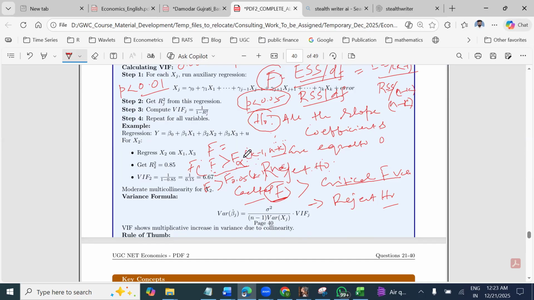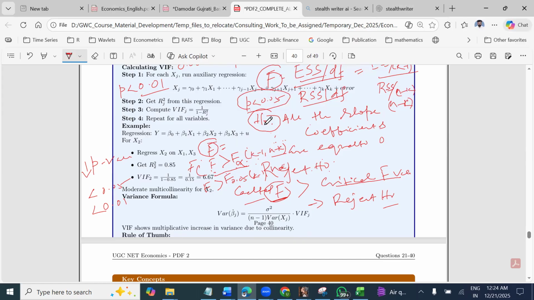Is it clear? Whenever the p value is low, how low? If it is less than 0.05 or less than 0.01, then you will say that the F test is statistically significant, meaning the calculated F value will be greater than the tabulated or critical F value.